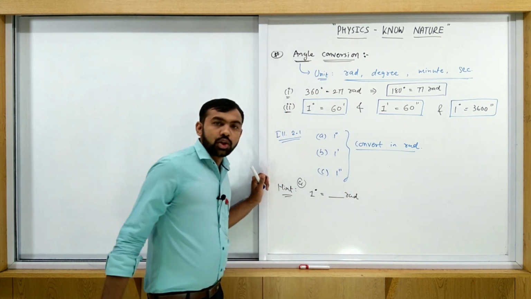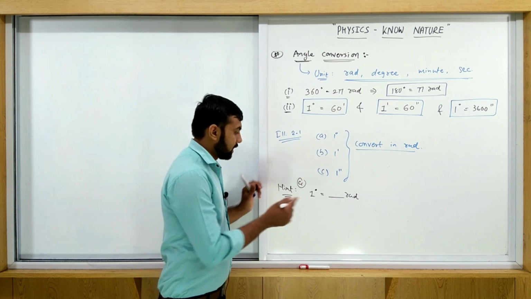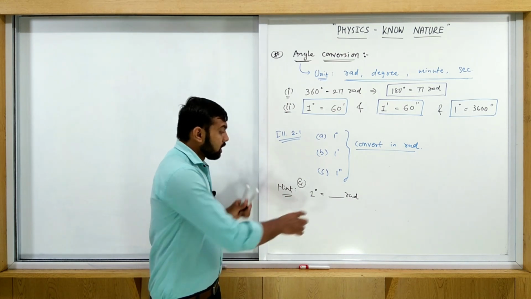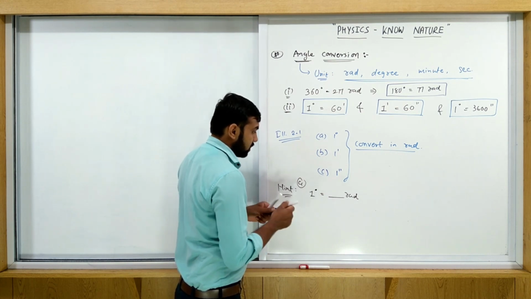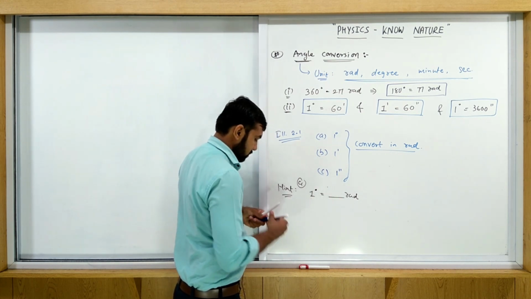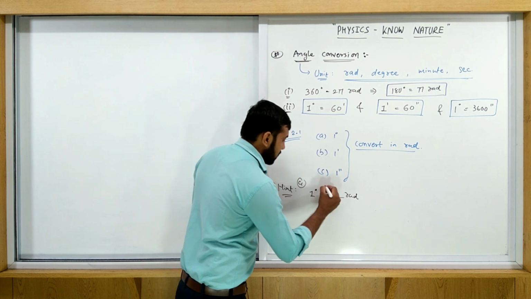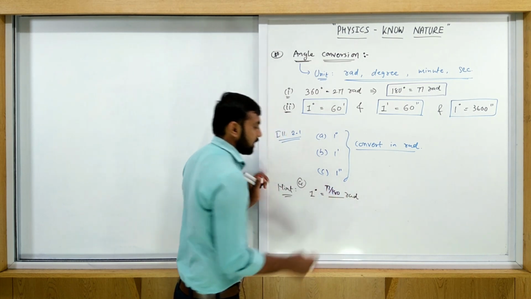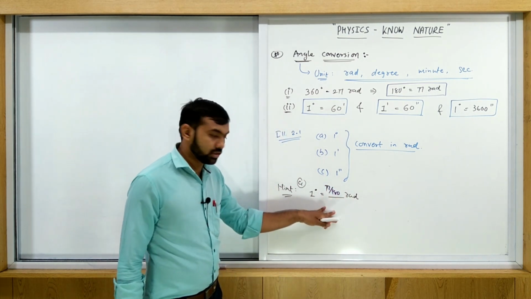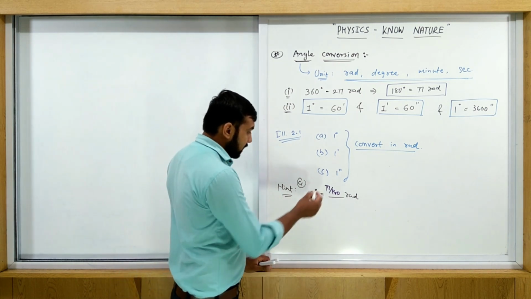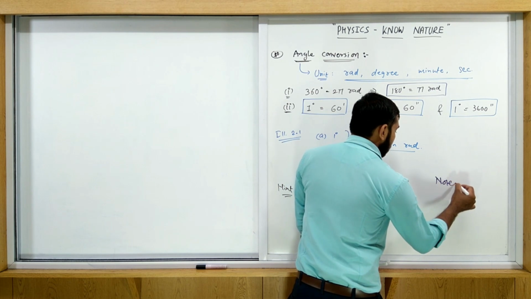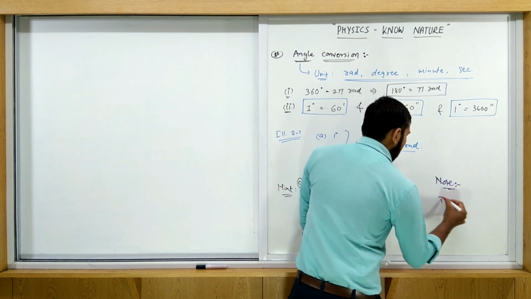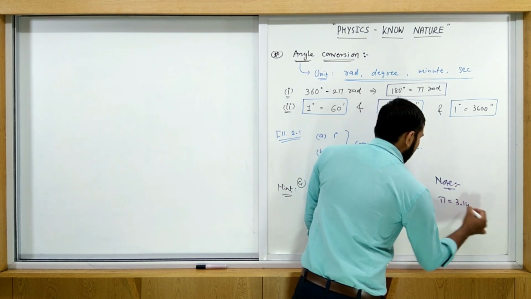How do we get this? Very simple. 1 degree means pi upon 180 radian, as we already discussed. And finally what is pi here? All of you guys must note this: pi is equal to 3.14.